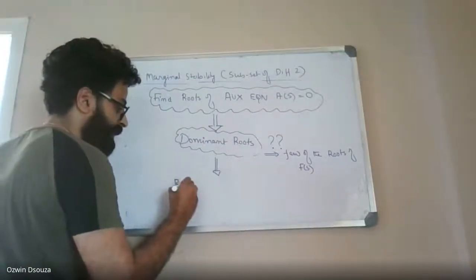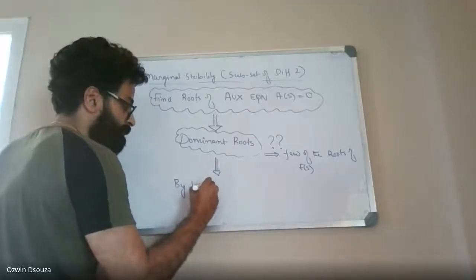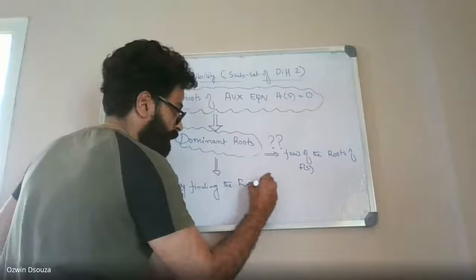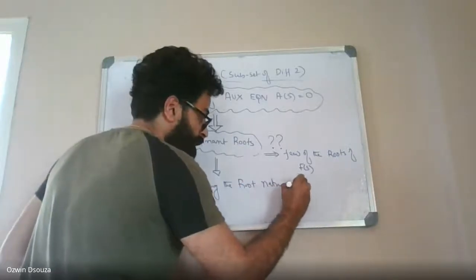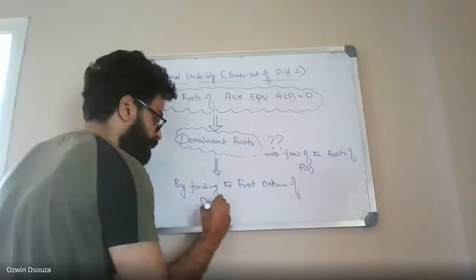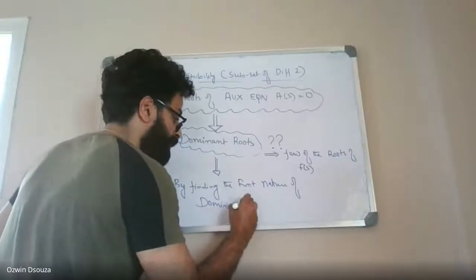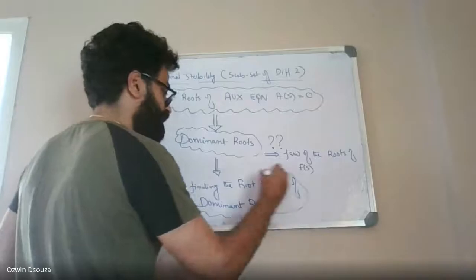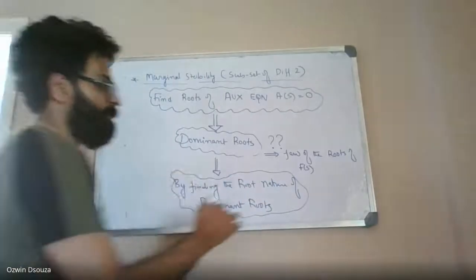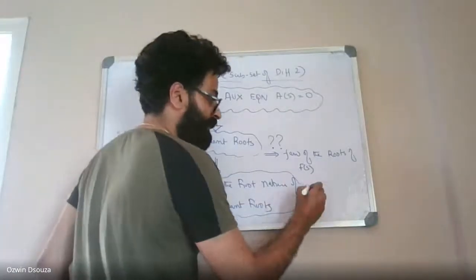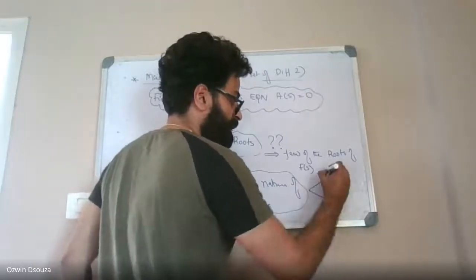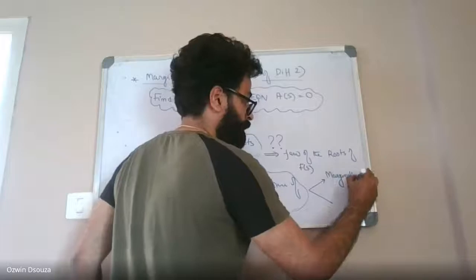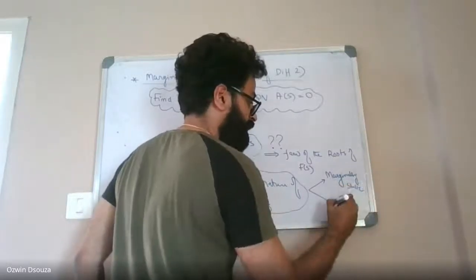So by finding the root nature of the dominant roots, the end result you get is either marginally stable or unstable.